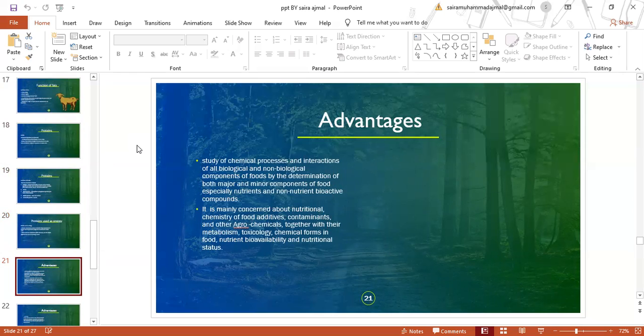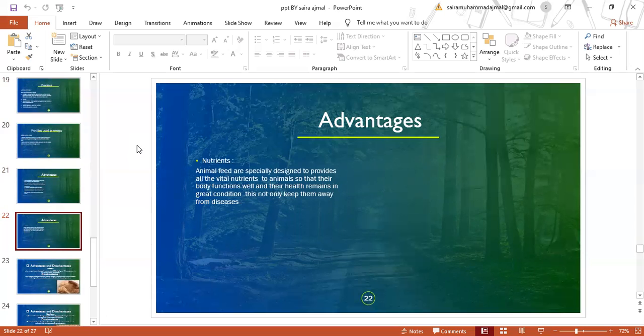Advantages. The study of chemical processes and interactions of all biological and non-biological components of food by the determination of both major and minor components of food, especially nutrients and non-nutrient bioactive compounds. It is mainly concerned with nutritional chemistry of food, additives, contaminants, and other agrochemicals, together with their metabolism, toxicology, chemical forms in food, nutrients, bioavailability, and nutritional status.